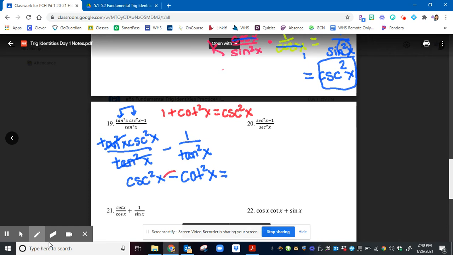So if I take this cotangent squared and subtract it over, it's saying 1 is equal to cosecant squared x minus cotangent squared x. Okay, so that is a Pythagorean identity. I'm just going to write it here so I can follow my thinking. And this is equal to 1. Again, I would write that down on your sheet so that you don't have to keep proving that identity over and over again.